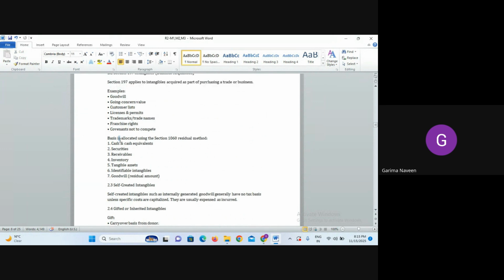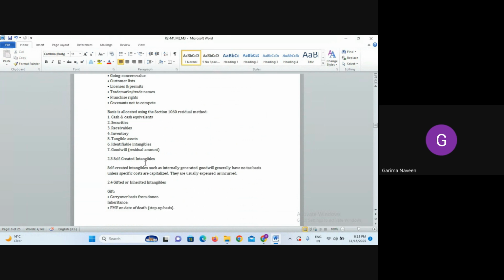Basis is calculated using the section 1060 residual method. The classes include cash and cash equivalents, securities, receivables, inventory, tangible assets, identifiable intangibles, and goodwill. So basically, basis is the portion of the lump sum purchase price allocated. We will allocate the price if we have acquired some intangible as a part of a business acquisition.